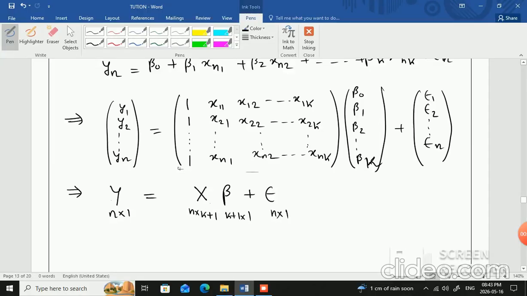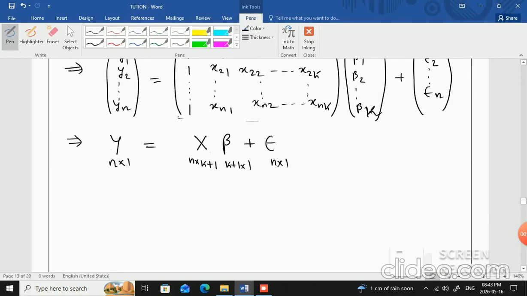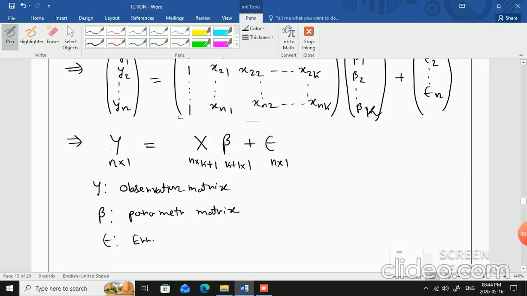This model is known as the intercept model, where Y is known as the observation matrix, beta is known as the parameter matrix, and epsilon is the error matrix.